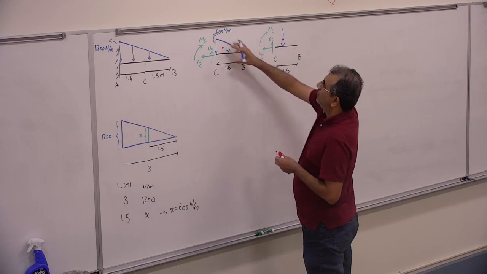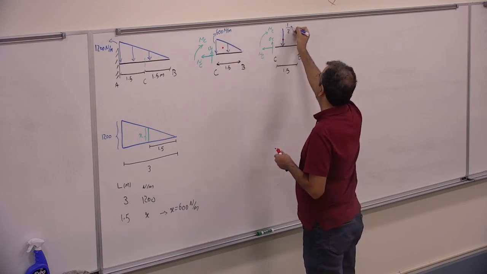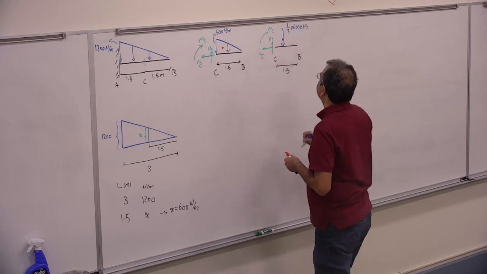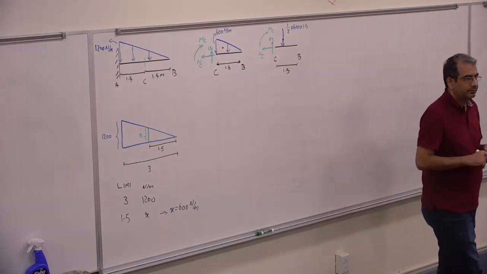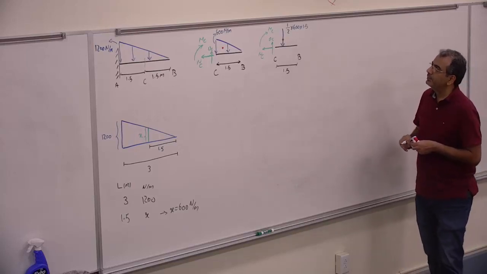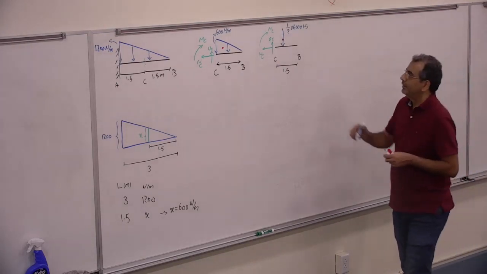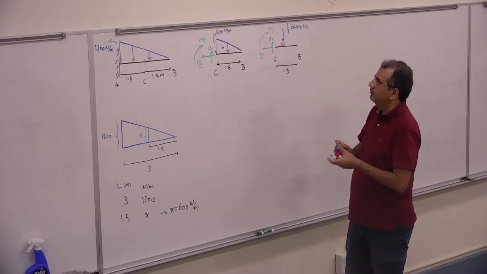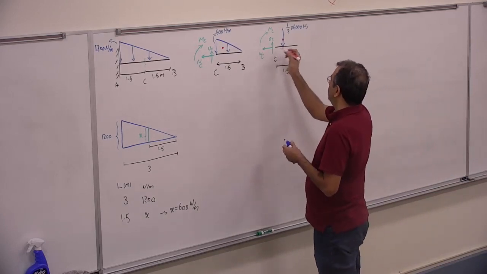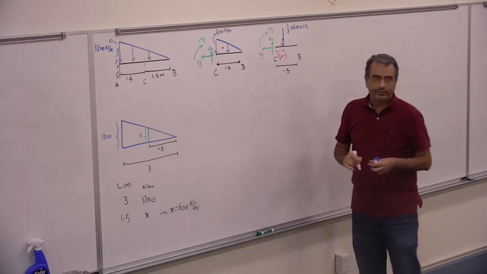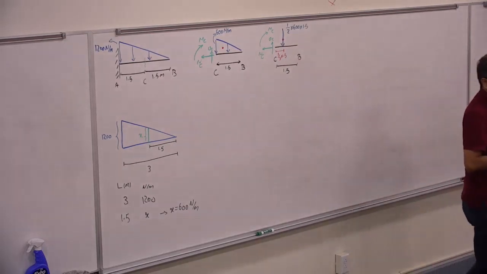The magnitude is equal to the area, so it's going to be half of 600 times 1.5, right? And the location is going to be 1/3 from the base. So that distance is 1/3 of 1.5 and 2/3 from the other end.